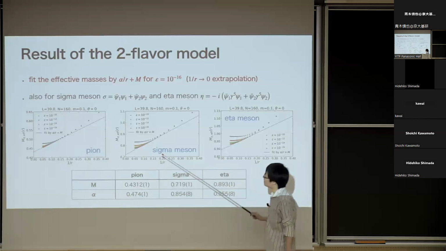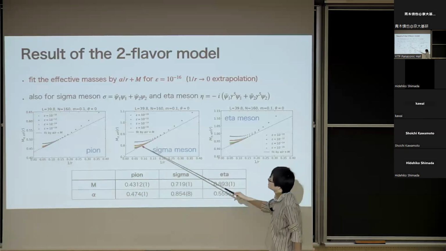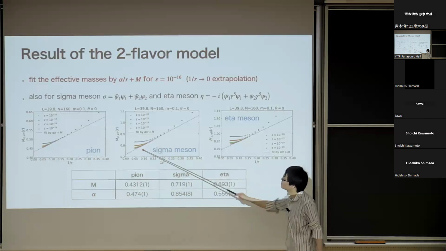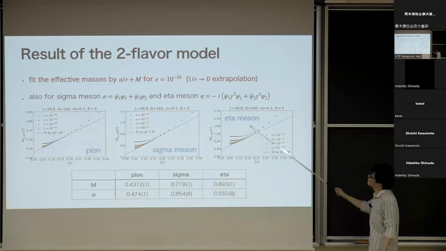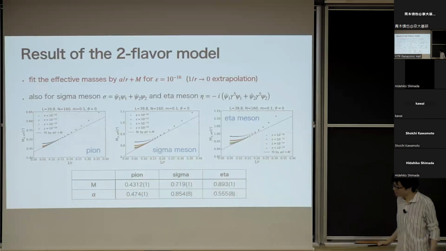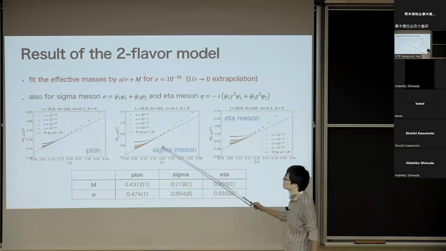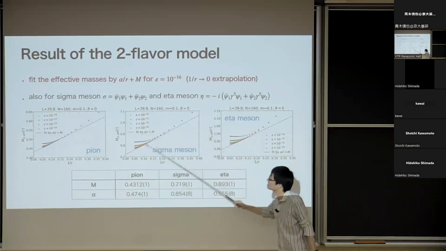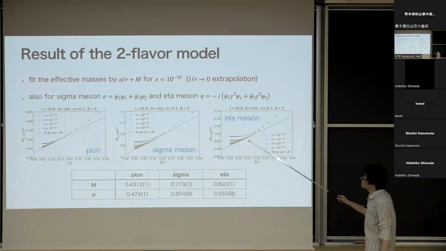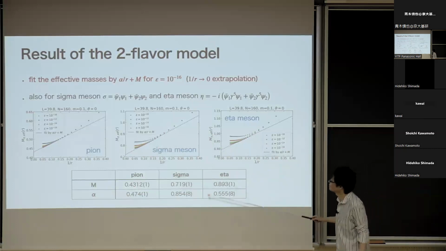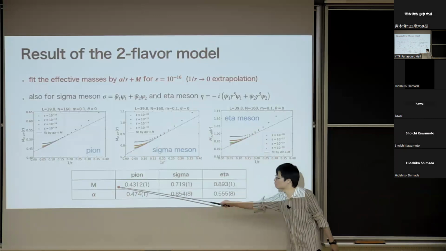Similarly, we can do the same analysis for the sigma meson and also the eta meson. Because the tensor network method doesn't have statistical error, these results don't have statistical error either. So we only have systematic error, and the result is given by this.